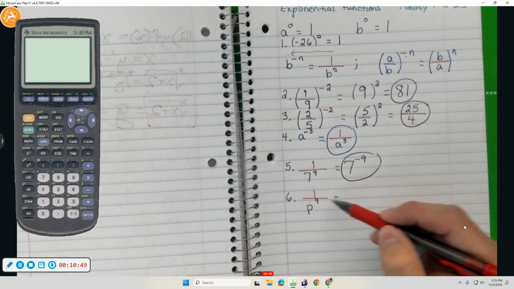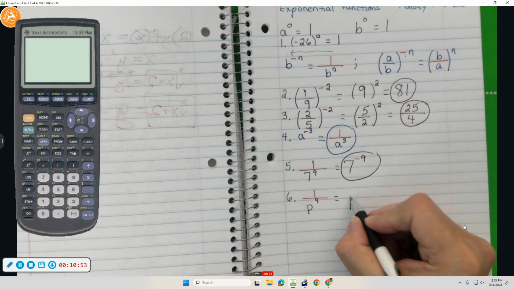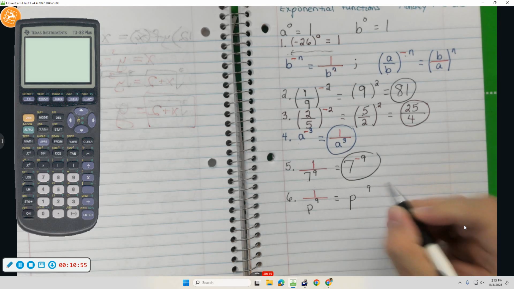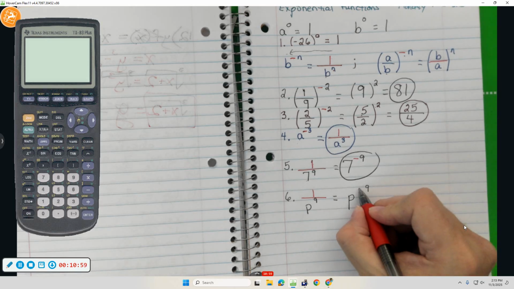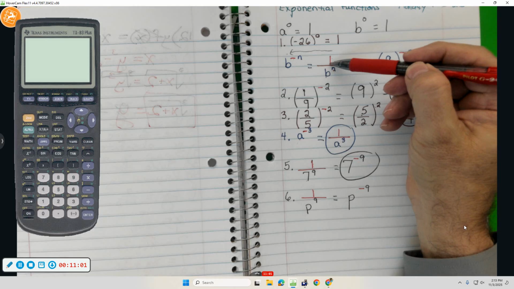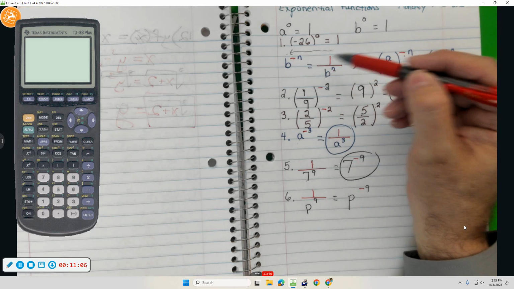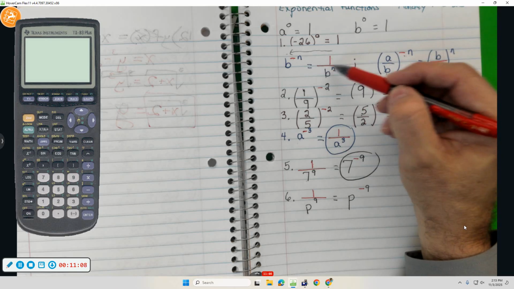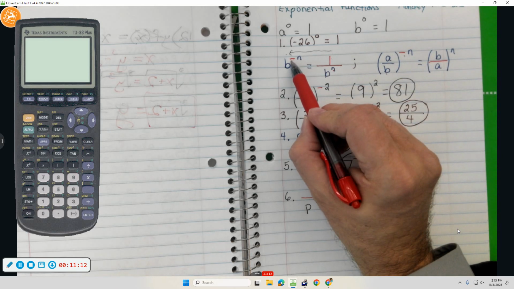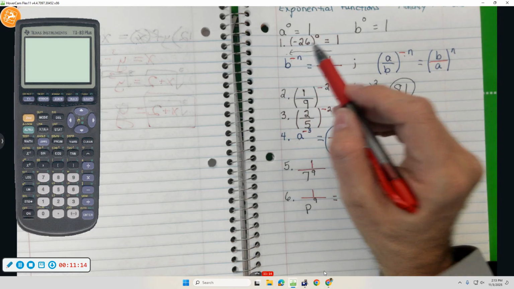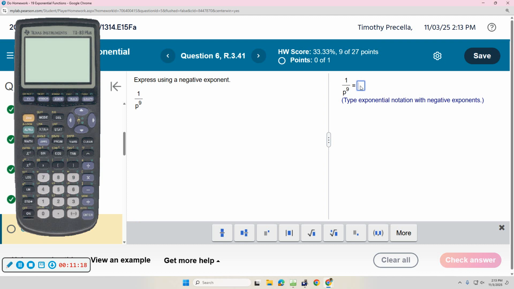To get rid of the 1 over, what am I going to do to that 9? Negative. When you look at it from right to left, this rule here I'm pointing at, it's saying if you have a 1 over, to get rid of it, make the exponent negative. Okay? So p to the negative 9.